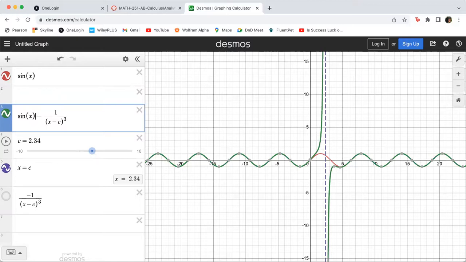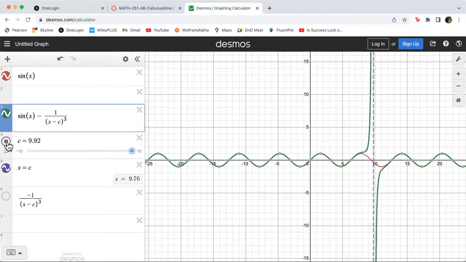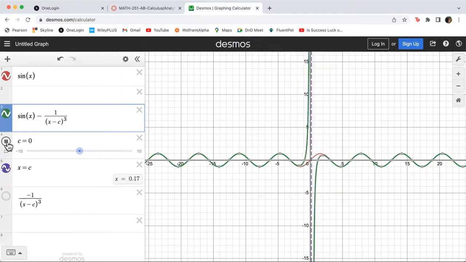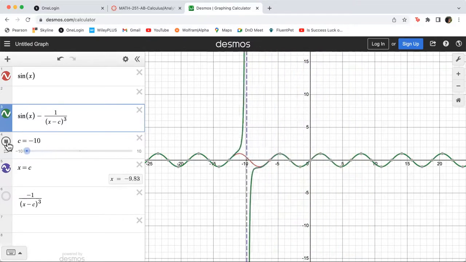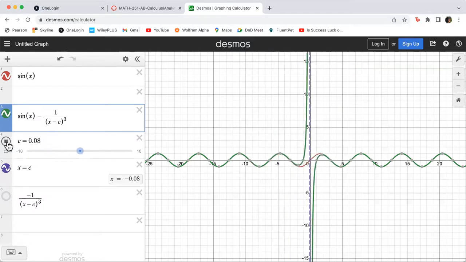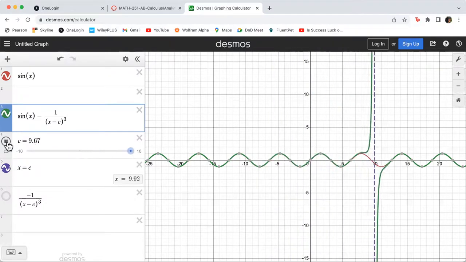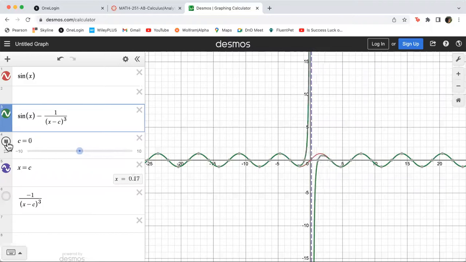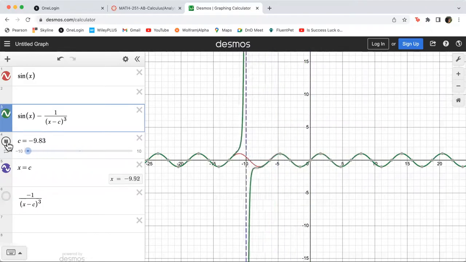So the graph is just going to look like sine of x when we're far away from c, since 1 over x minus c, especially to the third power, is very small. But when we are close to the value of c, all of a sudden we get a vertical asymptote. And sine becomes irrelevant, being just something between -1 and 1. It pales in comparison to this huge value of 1 over the cube of the difference of x and c.